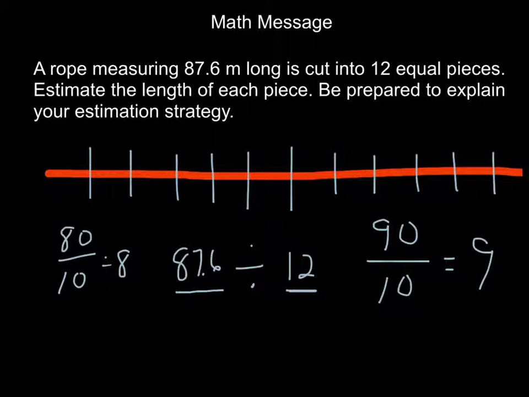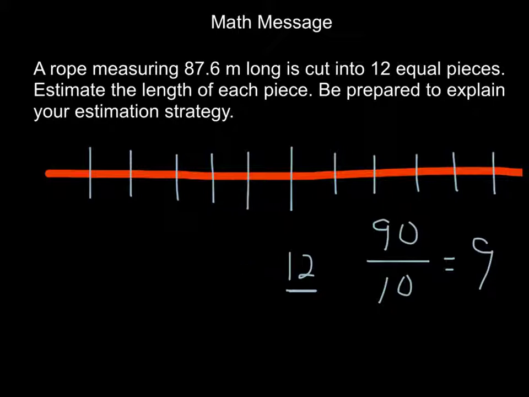Now, in the past, some students have looked at their multiplication chart, and they've said, well, 84 divided by 12 is 7.